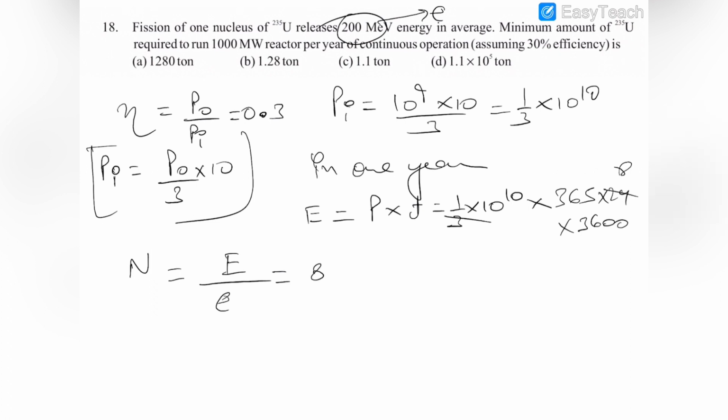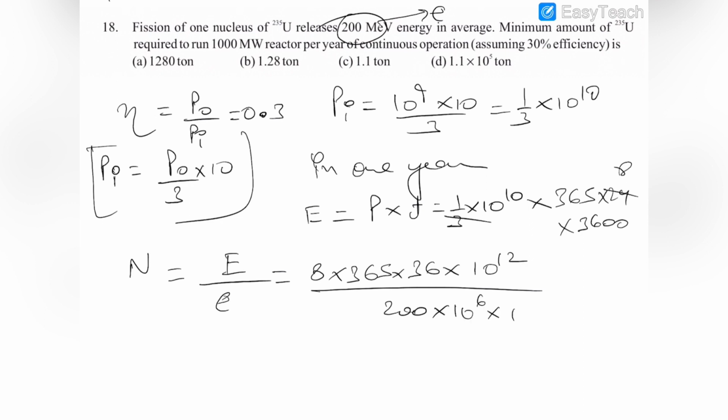So this is 8 into 365 into 36 into 10 raised to power 12. You can see that this is 10 raised to power 12. Divided by the energy released by one nucleus of uranium, which is 200 into 10 raised to power 6 into 1.6 into 10 raised to power minus 19. This energy should be in joules. So this is the number of uranium nucleus required.